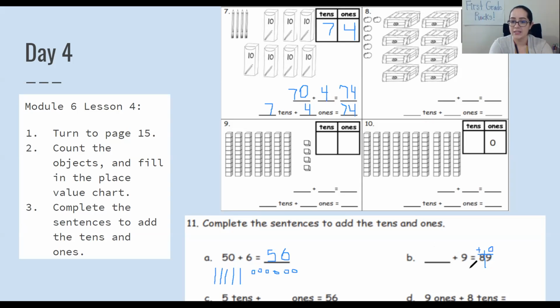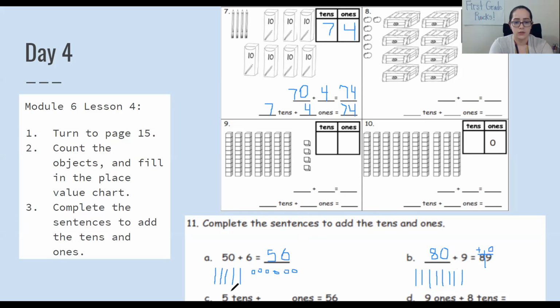And I know that's 8 tens. So 1, 2, 3, 4, 5, 6, 7, 8. So I have 10, 20, 30, 40, 50, 60, 70, 80. To complete my number sentence, I'm going to write in 80. 80 plus 9 equals 89.